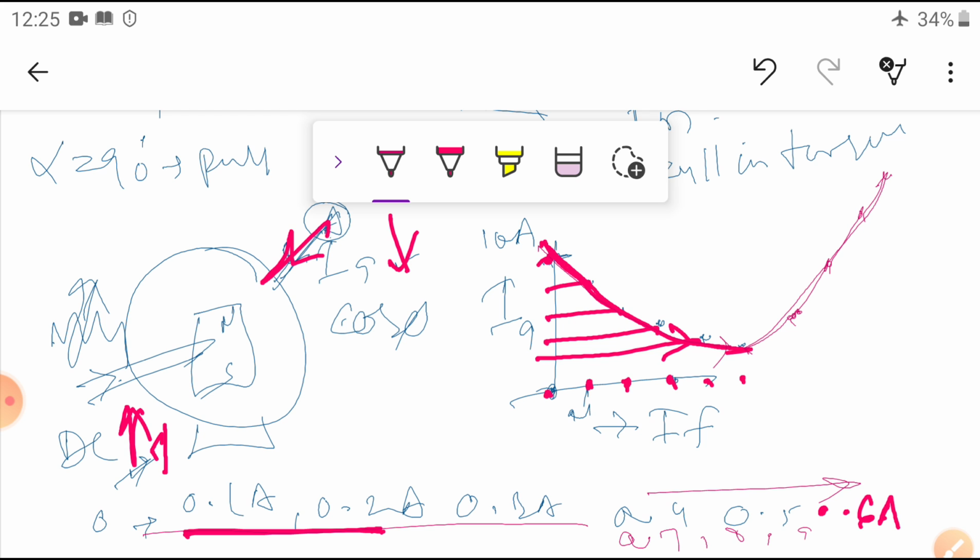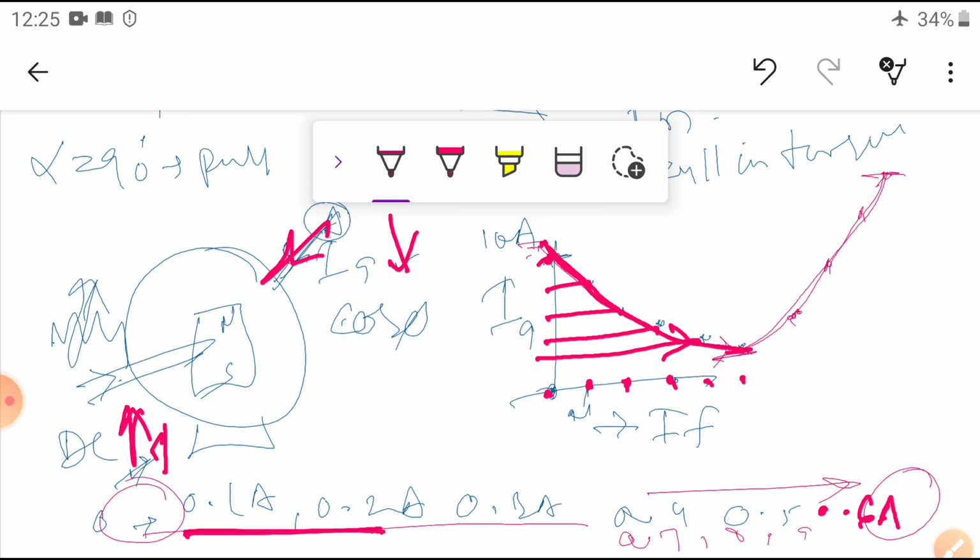That means up to one stage the armature current decreases, and after that stage the armature current increases. So at low excitation and at higher excitation, the current in the synchronous motor is very high.